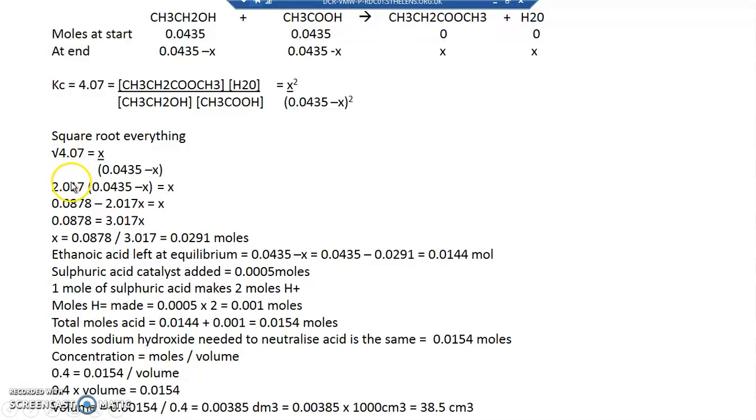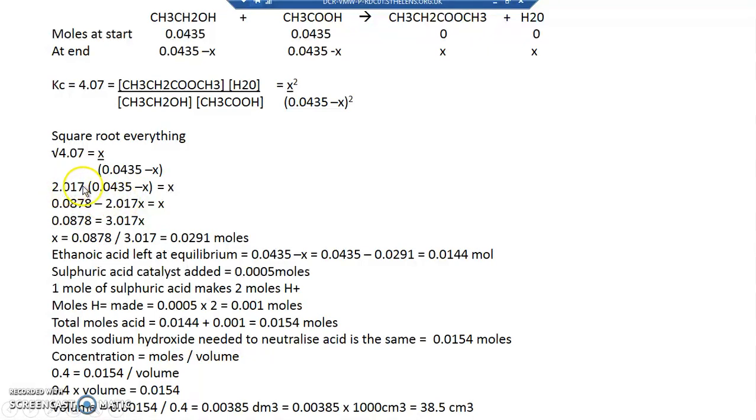2.017 is the square root of 4.07, and then I've multiplied by this value, taking it from the bottom on one side to the top on the other. 0.435 take away X equals X, and multiply 2.017 by 0.435, and it ends up as 0.878.